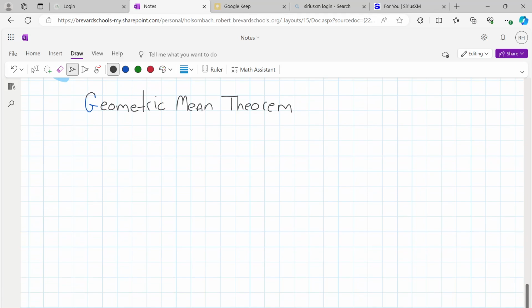So let's draw that triangle that's in the box with 8.2. And it's a right triangle that looks like this. And this is triangle ABC.